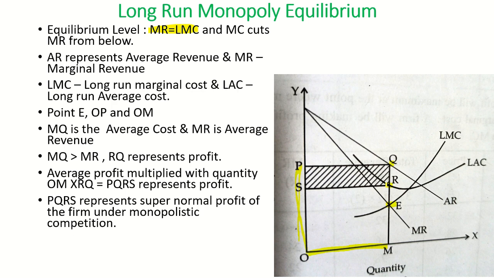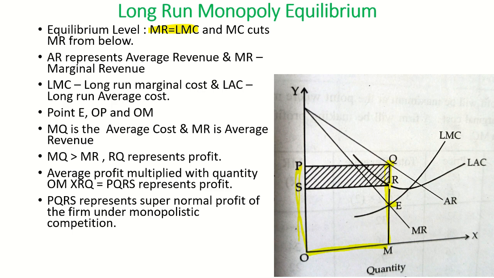So we can say that MR is the long run average cost, and MQ is the average revenue.